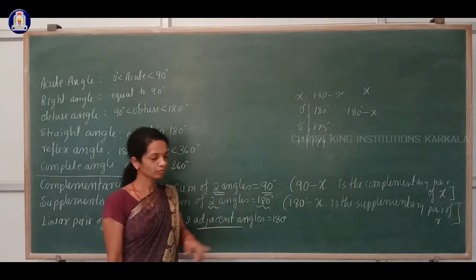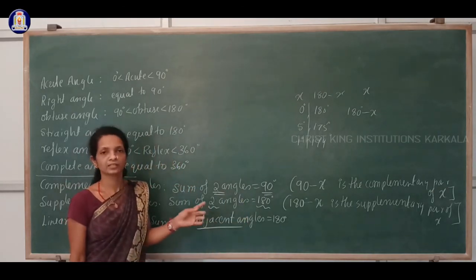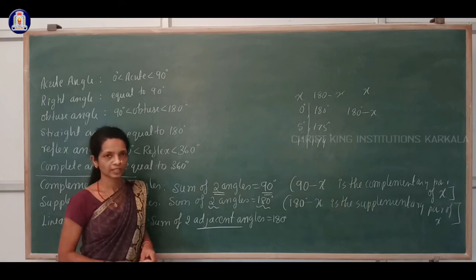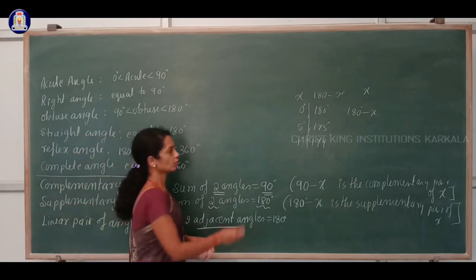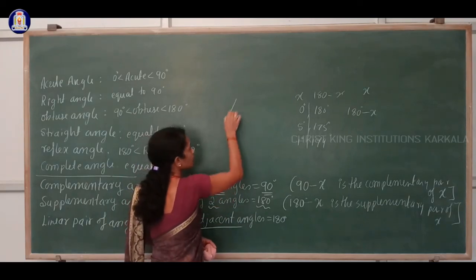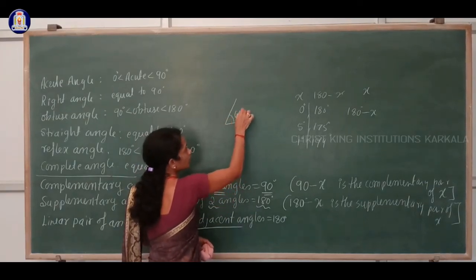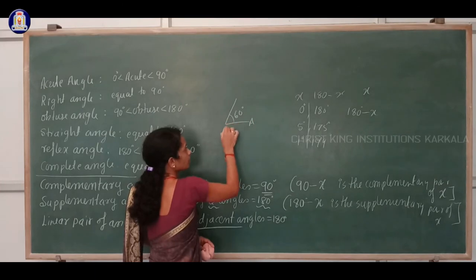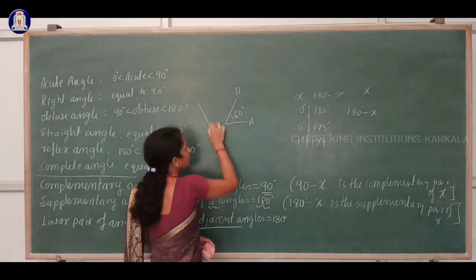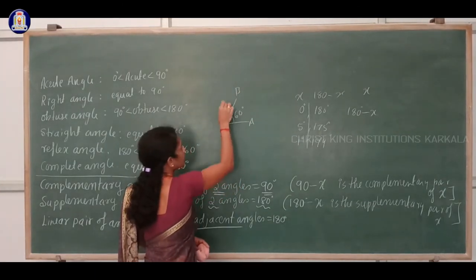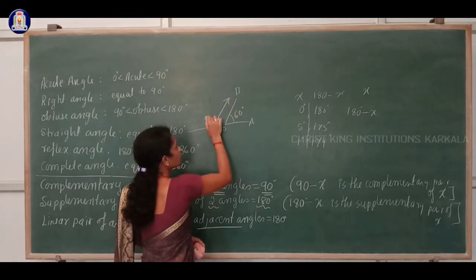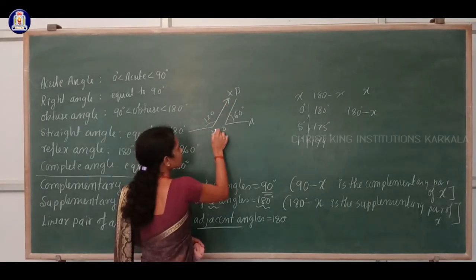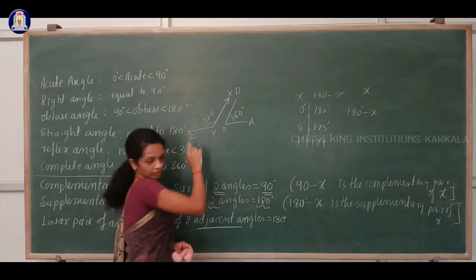But if the sum of two adjacent angles is 180 degrees, then those angles are called a linear pair of angles. For example, suppose you have a 60 degree angle AOB, and a 120 degree angle XYZ.